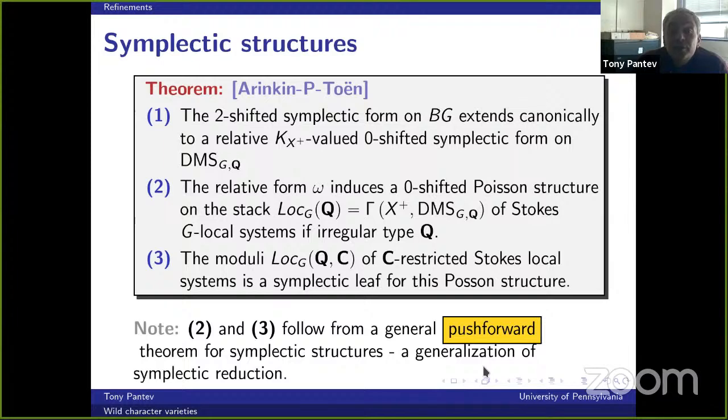So this statement about getting Poisson structures from global sections is just a special case of this push-forward theorem, which is some kind of a fancy version of symplectic reduction. It's just a sequence of symplectic reductions governed by a stratification on a stratified space.